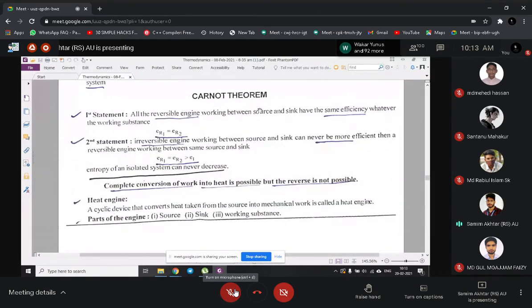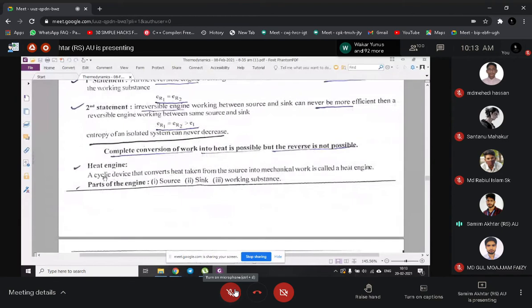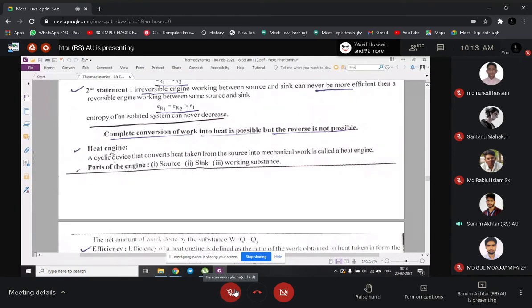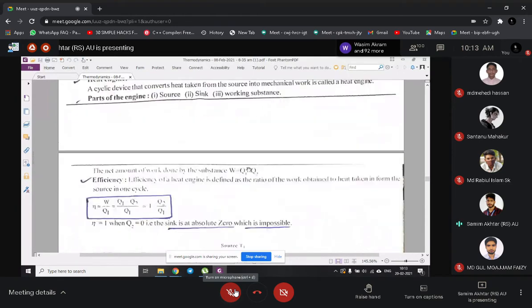On the basis of the Carnot theorem, an engine is derived, that is the heat engine, and this engine basically has three parts: source, sink, and working substance.